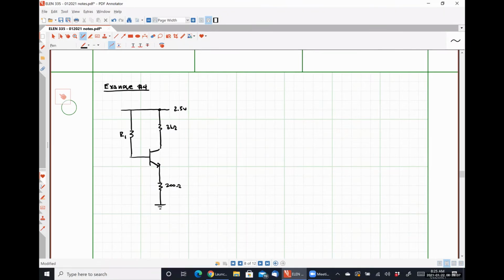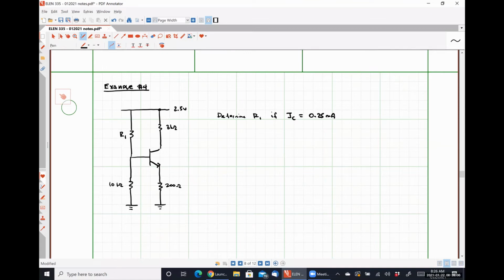Here's R1. And we have a 10 kilo ohm resistor in the R2 position. We want to determine R1 if our collector current IC is 0.25 milliamps.